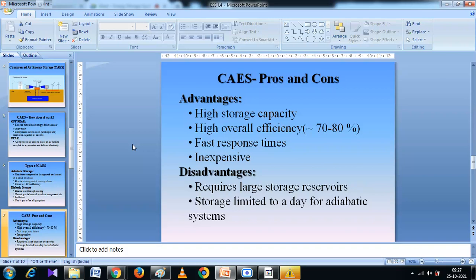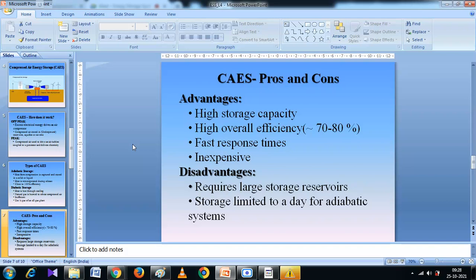And we say there are two types of compressed air energy storage: adiabatic and diabatic. We get diabatic storage, but the efficiency of the diabatic storage is less.